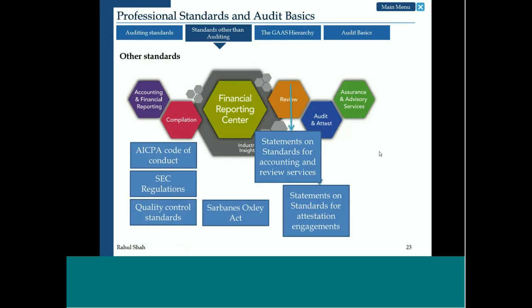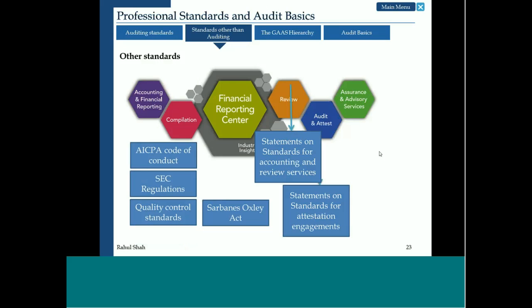And the last bunch is other standards, codes or regulations we need to follow when providing any kind of services, such as the AICPA Code of Conduct, SEC regulations, quality control standards, and the Sarbanes-Oxley Act, SOX Act 2002, with different titles in it.